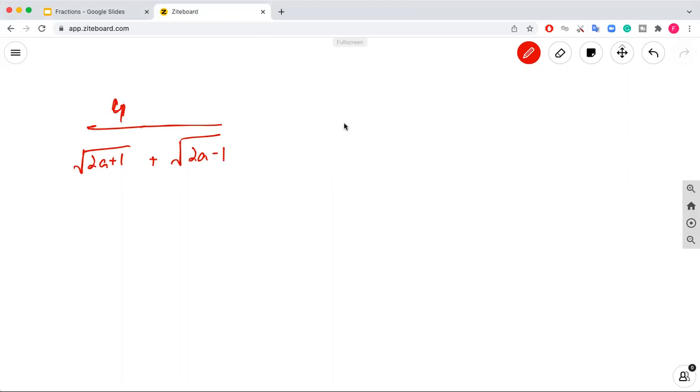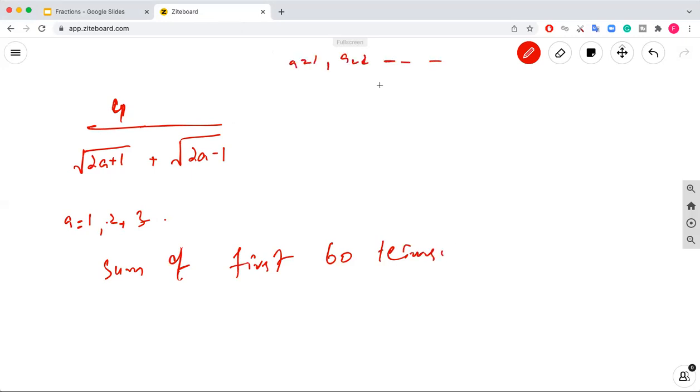And please mute yourself. And the question is saying that a is from 1 up to so on. A could be 1, 2, 3 and so on. I'm asking you the sum of the first 60 terms. Consider a equal to 1, a equal to 2, up to a equal to 60. Just add all of those and give me the answer. What is the answer?